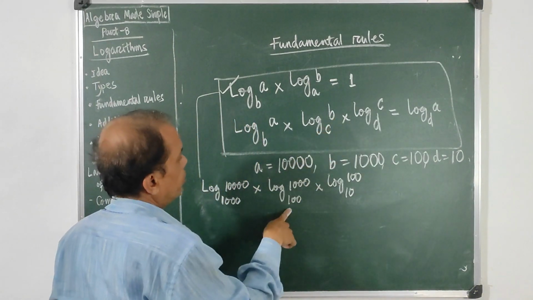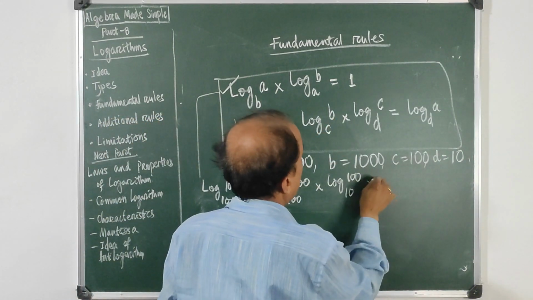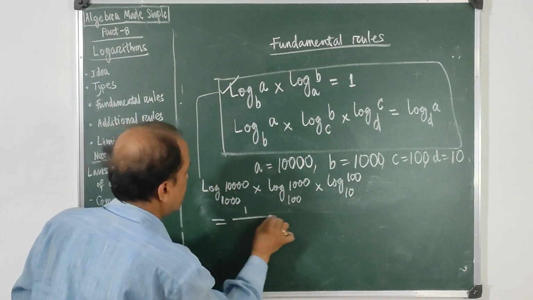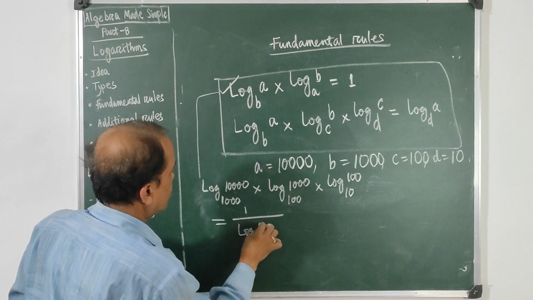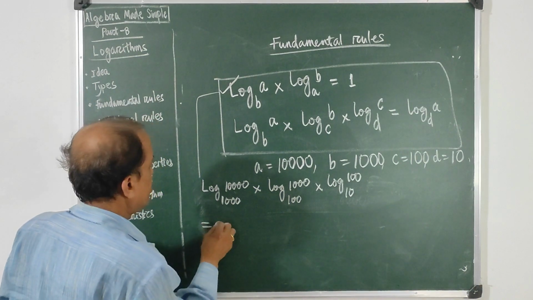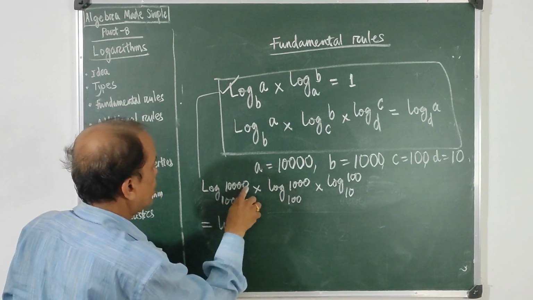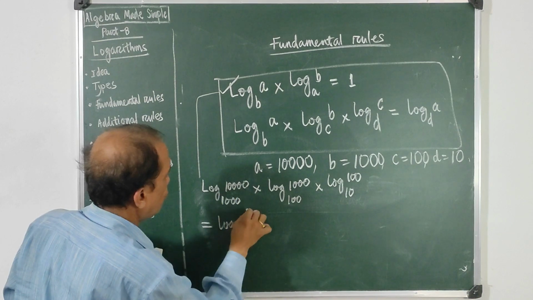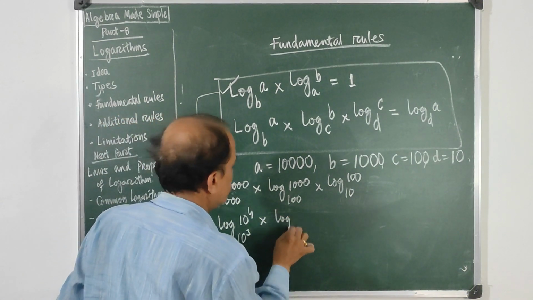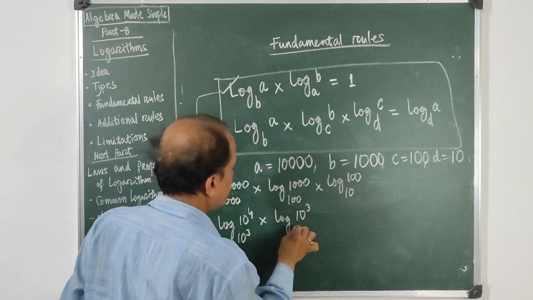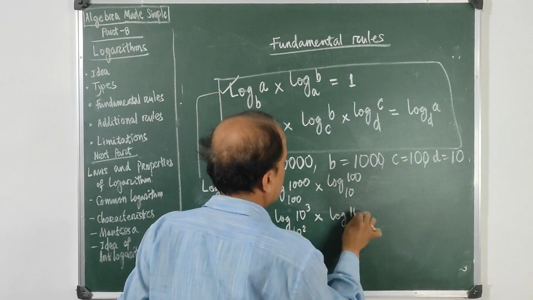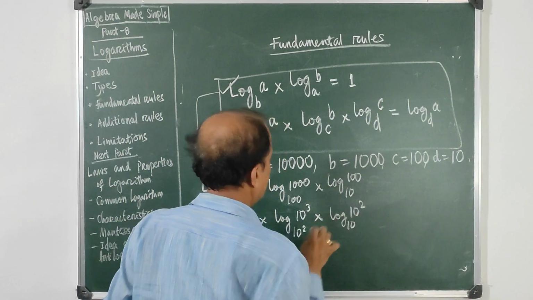This is equal to log 10 to the power 4 to the base 10 to the power 3, into log 10 to the power 3 to the base 10 to the power 2, into log 10 square to the base 10.